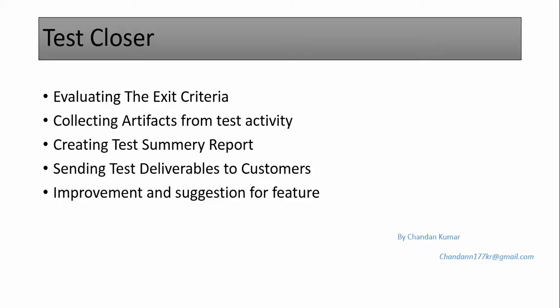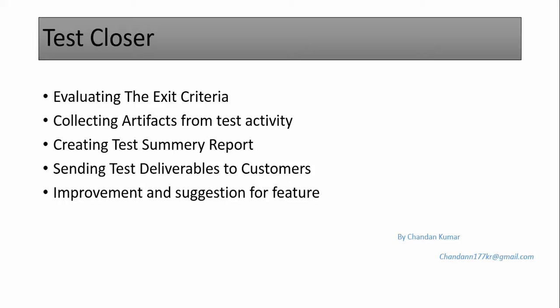So we have mentioned a kind of exit criteria. If we meet that exit criteria, we say that we have signed off and the application is successful with a particular number of test cases failed or a particular number of defects still open. So we say that we have closed and met the exit criteria of the test.